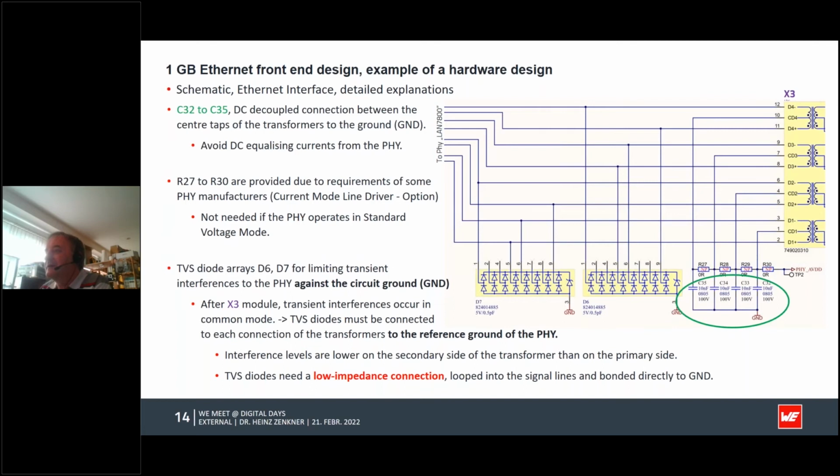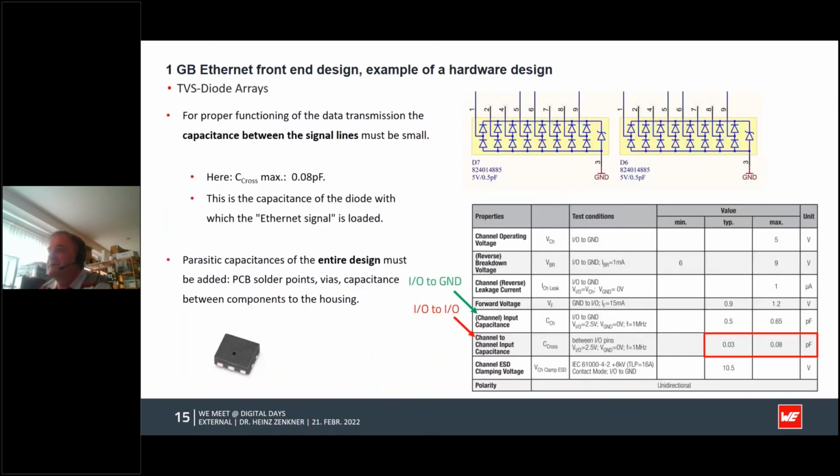So the next slide shows you a little bit more details on the TVS diode arrays, because there is sometimes a misunderstanding. The most important point in gigabit Ethernet design is the very, very low parasitic capacitance you need on the lines. Otherwise, the whole gigabit Ethernet signal will be impacted.